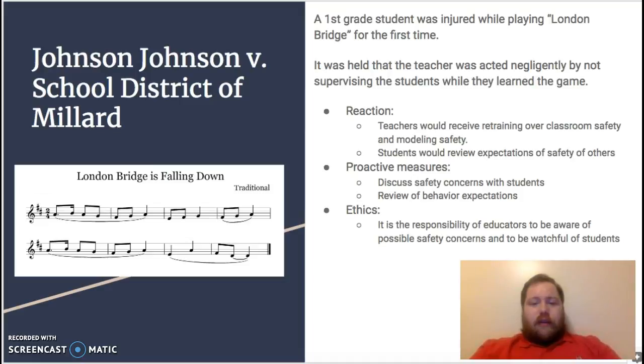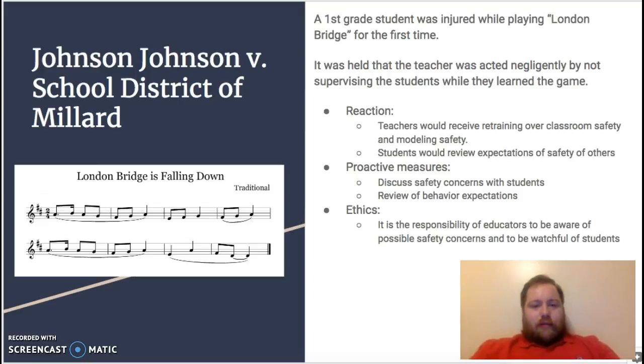The teacher taught them the song London Bridge is Falling Down, and then taught them the associated game, where two students link hands and put their arms around a third student and jostle them around a little bit. The teacher taught them how to do this once. This was the first time they had ever played it, and she told the students not to jostle the third student too much.